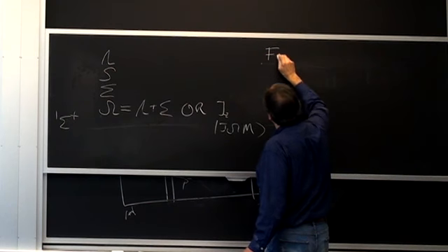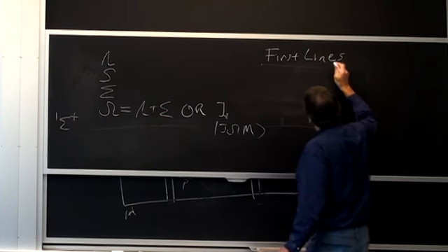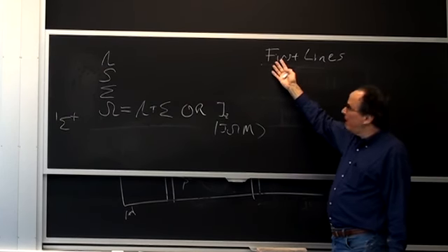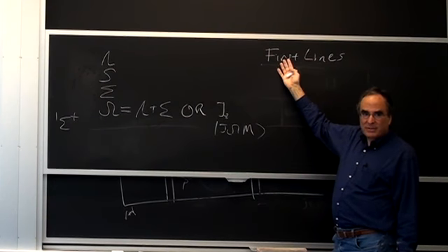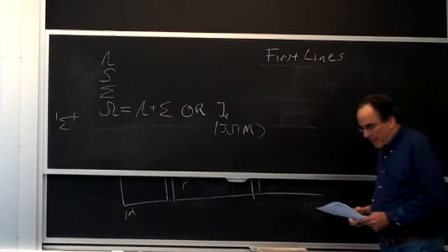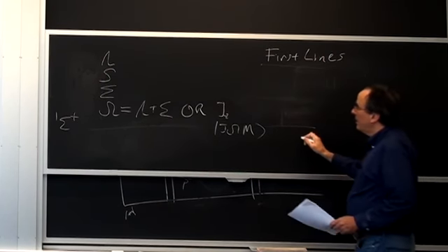The most important method for making such assignments is finding the lowest J lines in each of the rotational branches. And so I'm going to talk about that for a while.